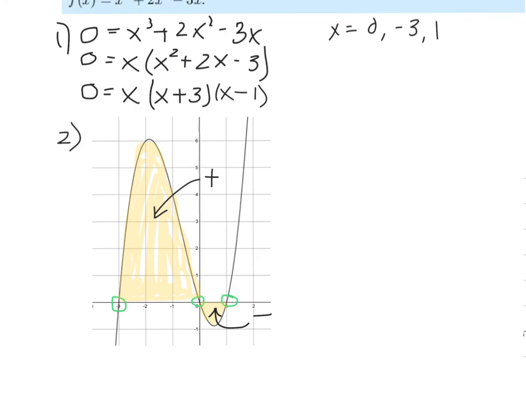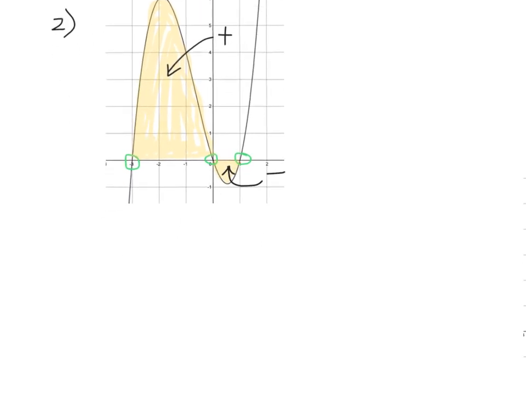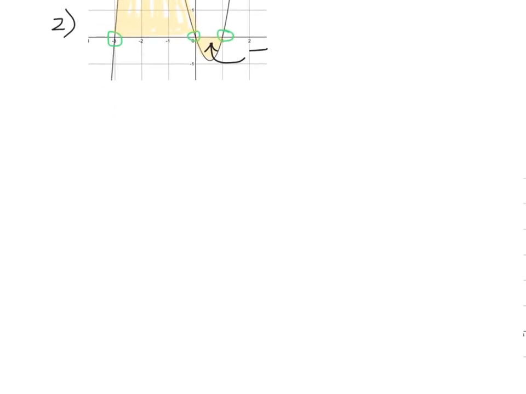The way we're going to combat this, in our third step when we use our definite integral, is to do 2 separate definite integrals and put them together in a way that eliminates the fact that one is positive and one is negative. Because we want to find the total area. We don't care that the second arch is underneath the x-axis; we want to count that within the total area between the function and the x-axis.